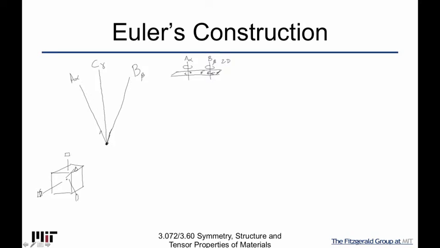So I put in one guy, and then I want to know which ones are compatible. Well, if I put in the other one, then it automatically means there's an equivalent rotation. And so this construction is going to be key in finding out this axial compatibility, if you will.